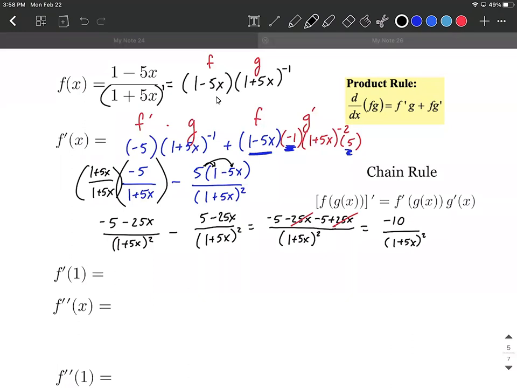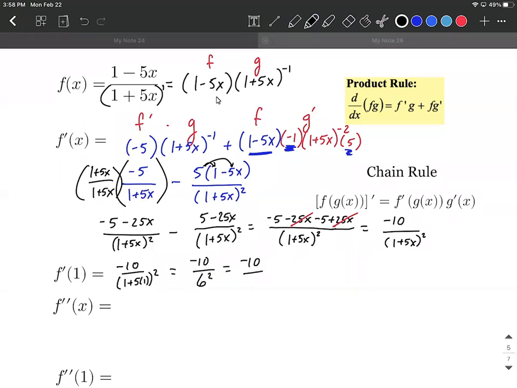Now, if we want to evaluate our first derivative at a given x value, say x equals 1, we're going to plug in 1 for the x. That gives us negative 10 over, let me see, 1 plus 5 times 1 is 1 plus 5 makes 6 squared.